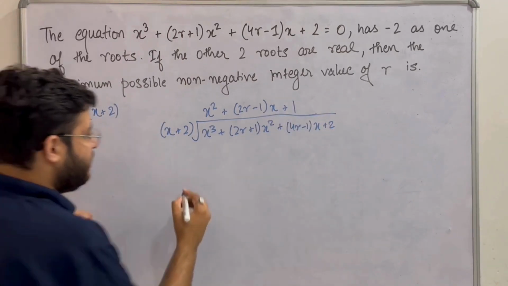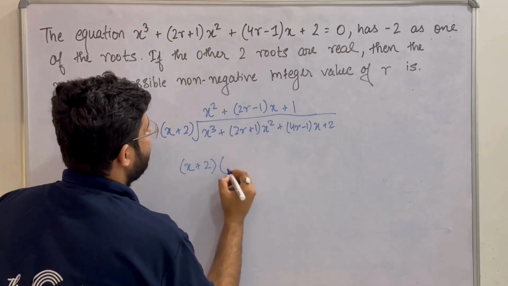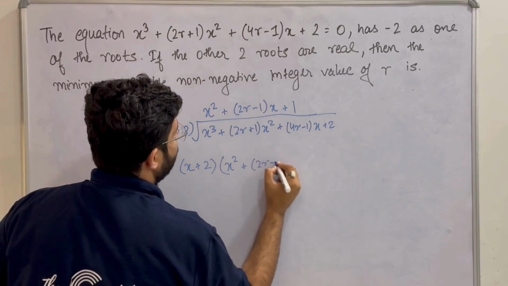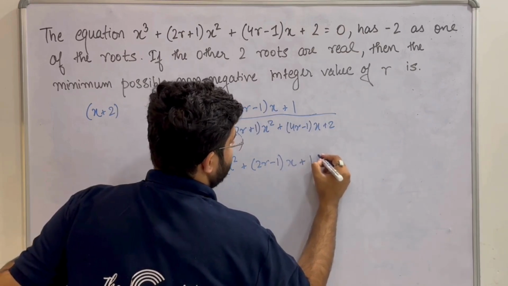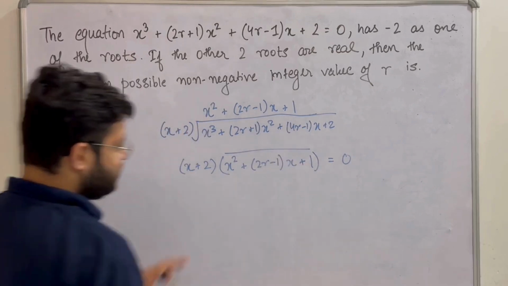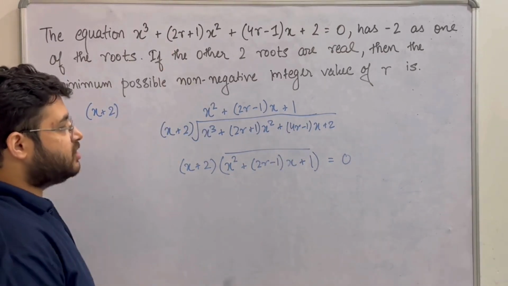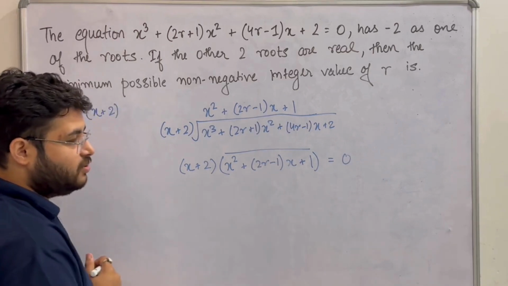Alright? So ultimately the factorization would be x plus 2 multiplied by x square plus 2r minus 1 multiplied by x plus 1 is equal to 0. Now since we know that this is going to give me the other two roots, and because the other two roots are also real, we can say that the discriminant value is going to be greater than or equal to 0.